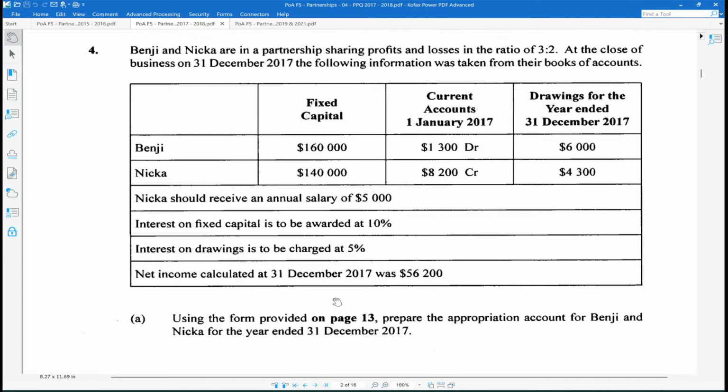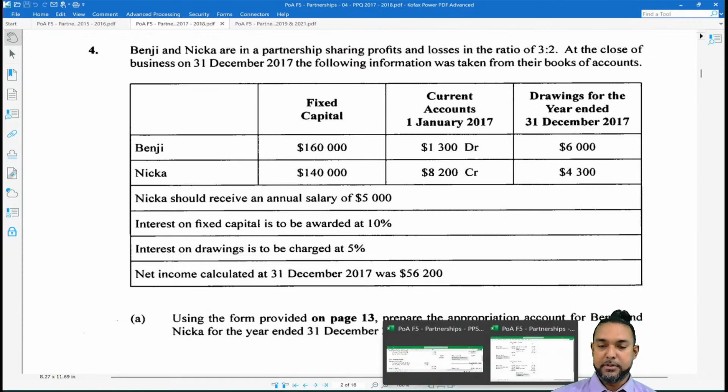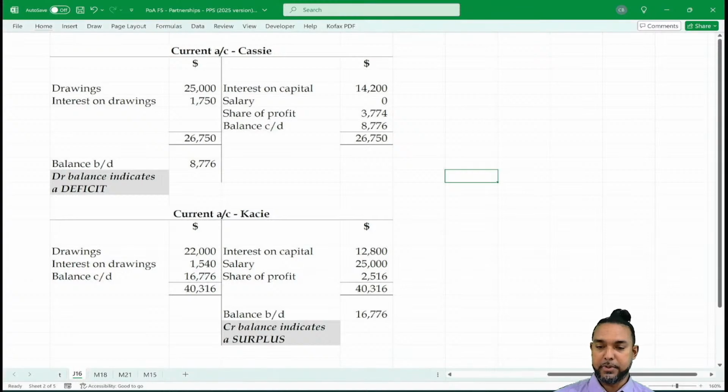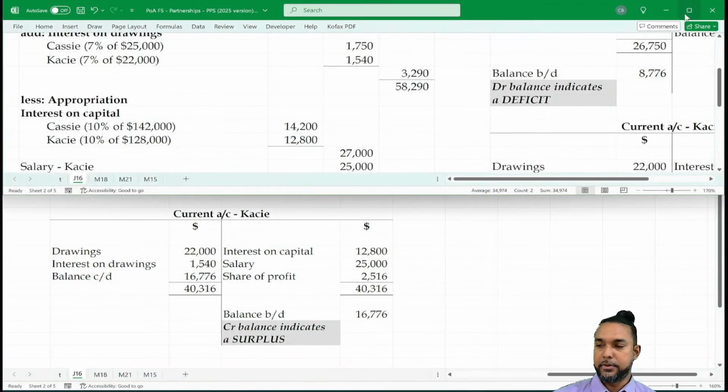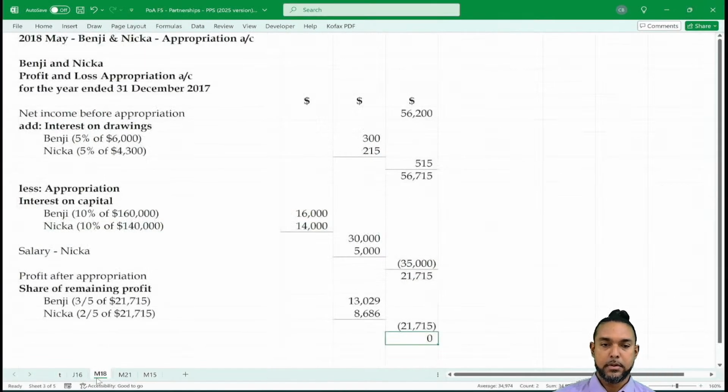All right, guys. Let's take a crack at it. Okay, so Benji and Nika, I'll pull up the solution for the current account for Benji and Nika as well. This one here.